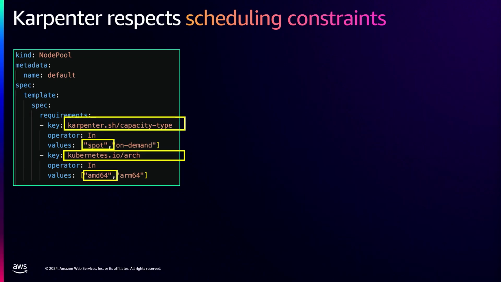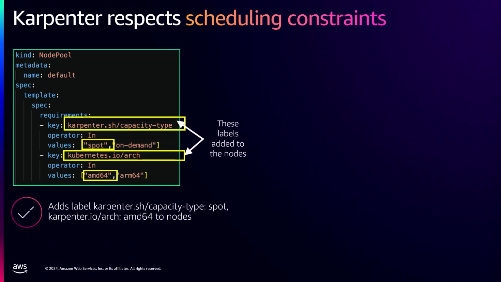Whichever instance this node pool provisions, Karpenter will attach all these key-value pairs as labels to the nodes. So for example, Karpenter will put capacity type: spot, kubernetes.io/architecture: AMD64, etc. What does that mean?